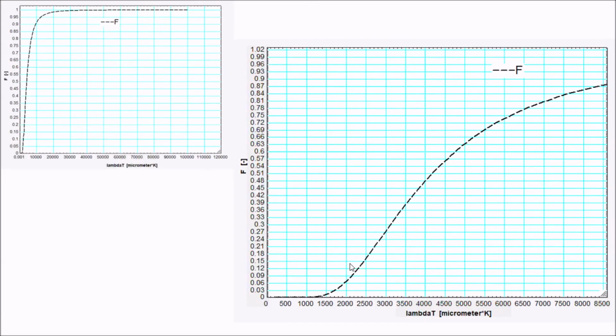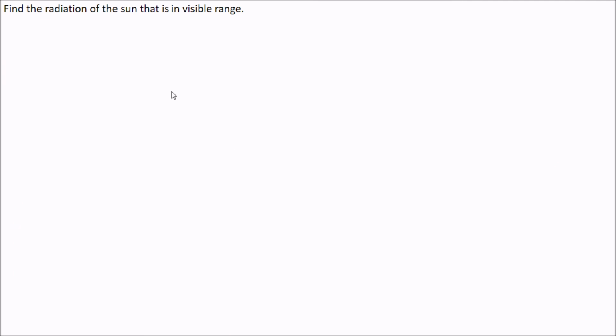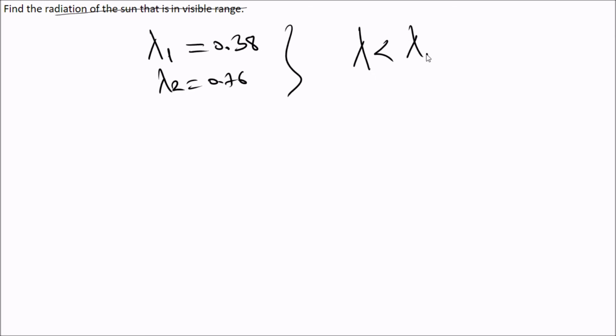As a simple example here, it says find the radiation of the sun that is in the visible range. So before using the table, let's write the equation for this one. The visible range is from lambda 1 equals 0.38 to lambda 2 equals 0.76 micrometers.